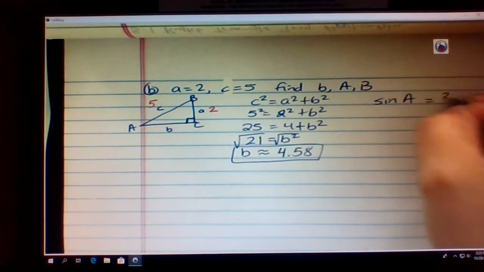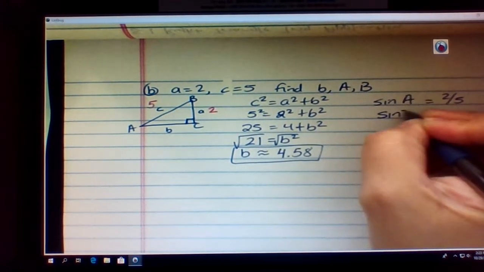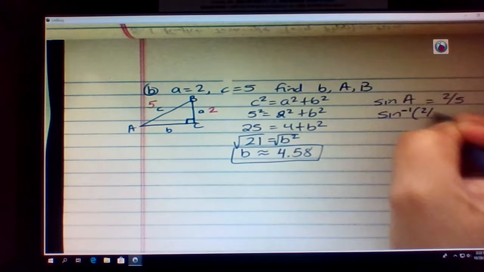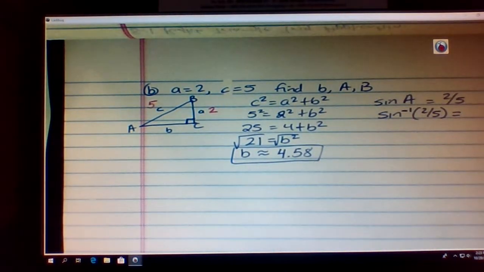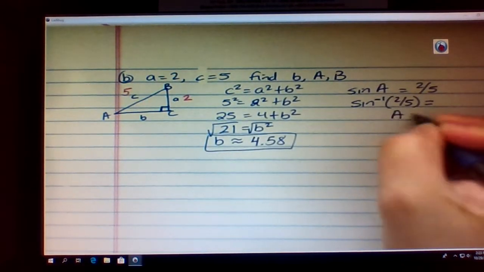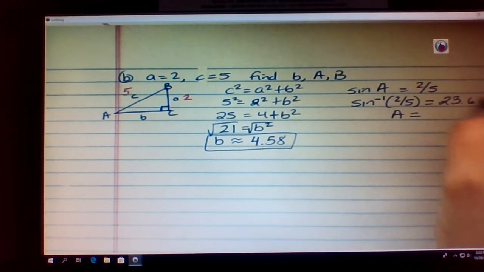But anytime that you look for the angle, it is the inverse of that opposite over hypotenuse. So what is the inverse of 2 over 5? And for degrees, we're doing 1 decimal place. So angle A will be 23.6 degrees. That is correct.